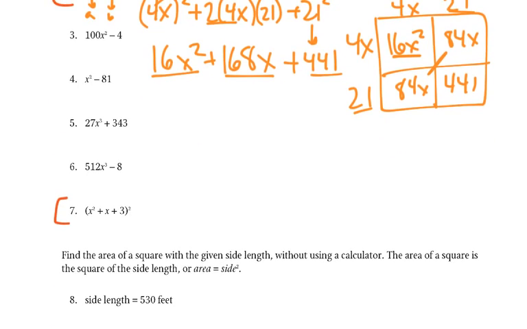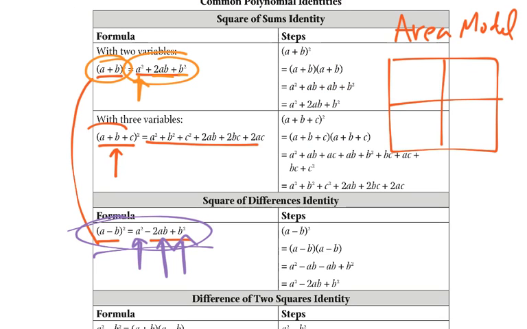Alright, this last one has 3. Okay, so it would be this one. You take every term and square it, then 2 times every term multiplied by the other. So AB, BC, AC.